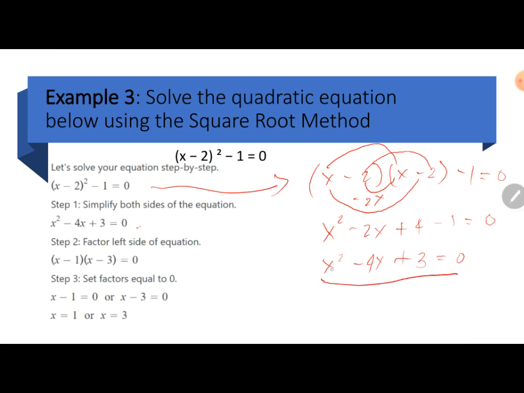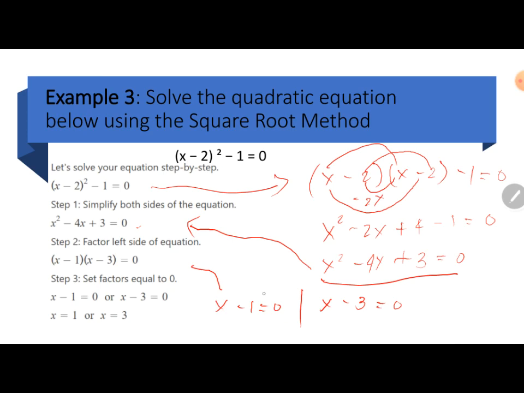Now, since we're able to get this, we're going to continue to our next step, which is factoring left and right. It's so simple. For this step, we're just going to separate x minus 1 equals 0, and the other one would be x minus 3 equals 0.